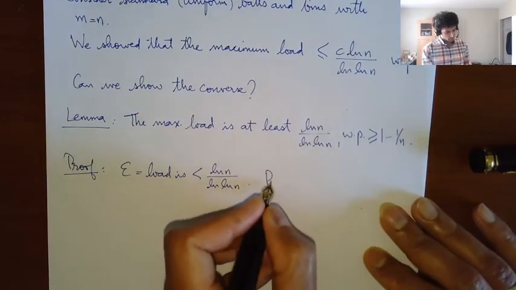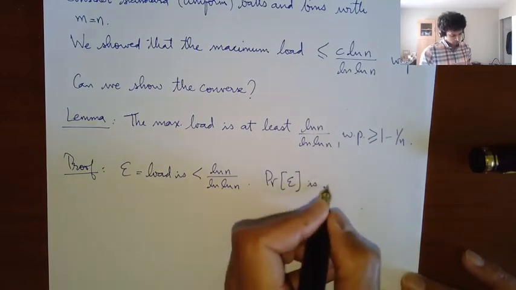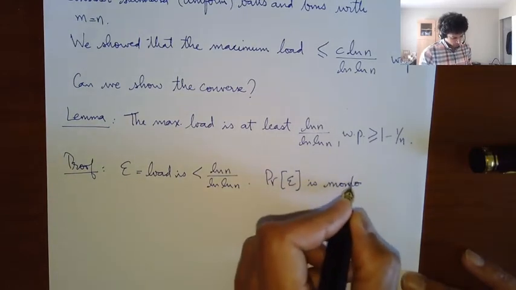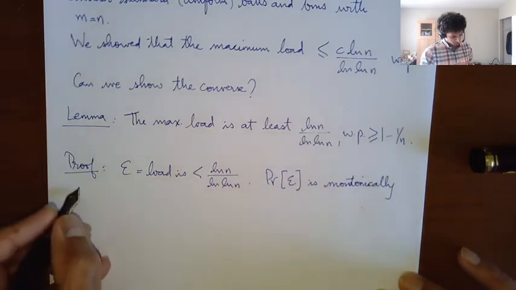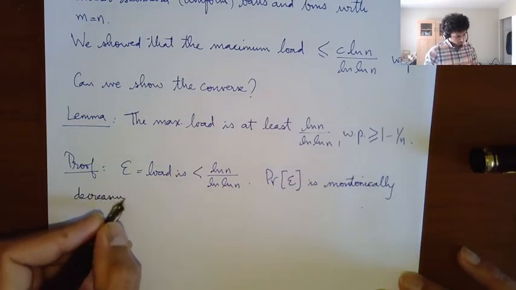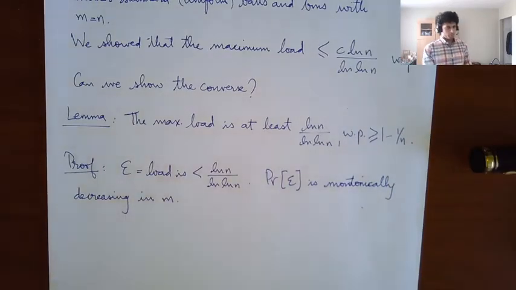Now the probability of the event is monotonically decreasing in m, because clearly if you increase the number of balls, the maximum load is only going to go up.